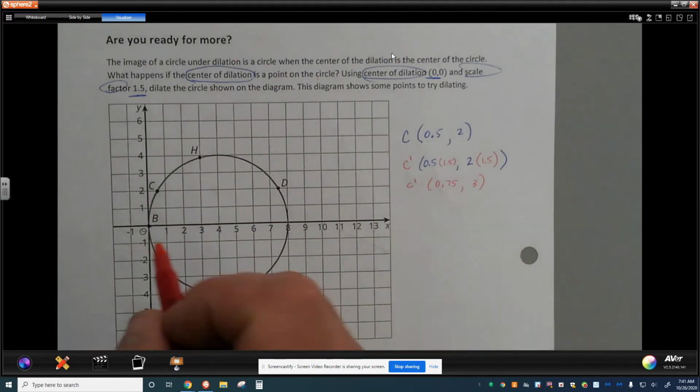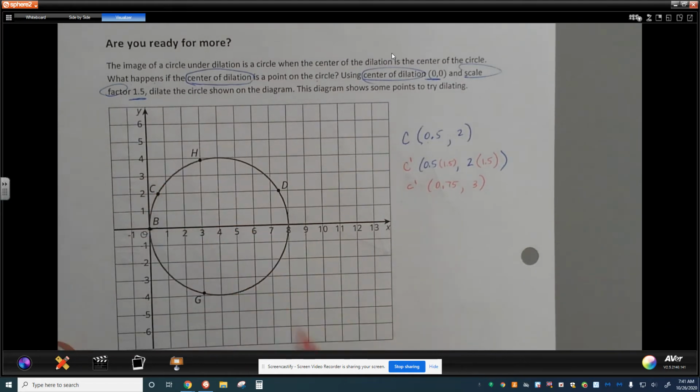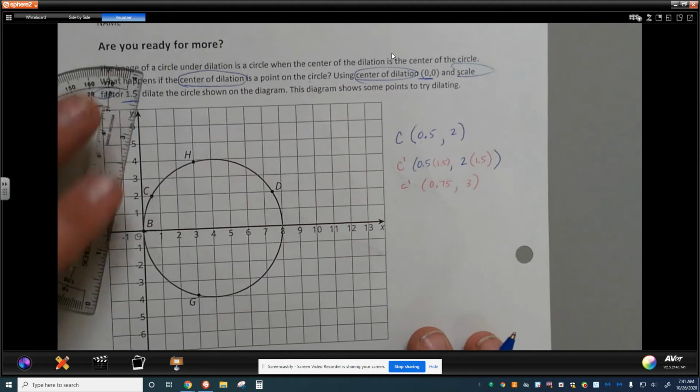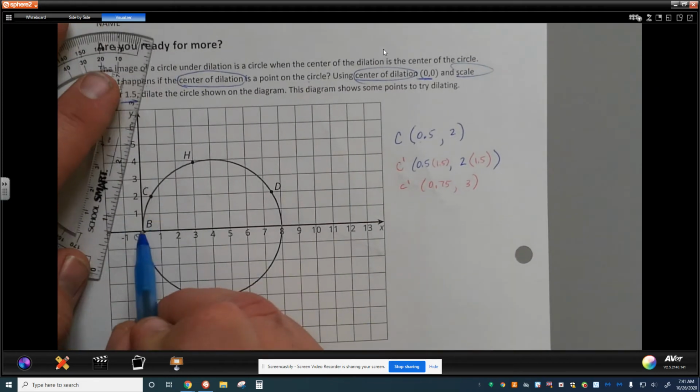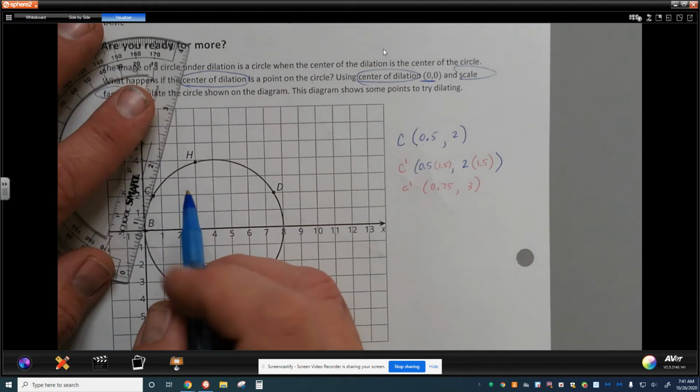So in this case now, we're going to go to the right 3/4 of a unit and then up 3. But then again, there's that question of, well, Mr. Quilter, I don't know exactly where 3/4 is. So let's go ahead and use that strategy that we used before of creating a ray that goes from the center of dilation through each of these points.